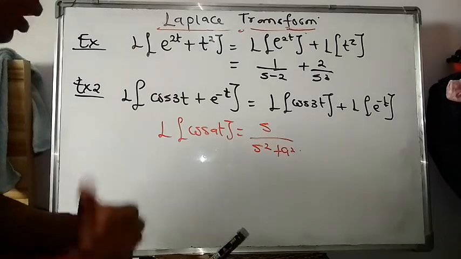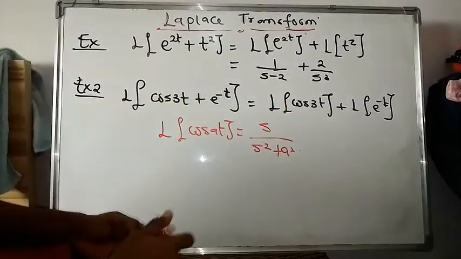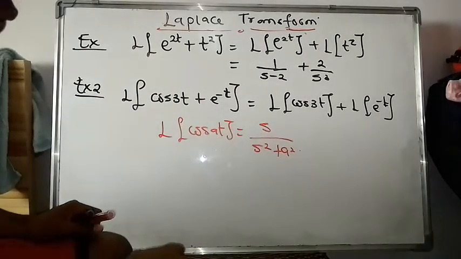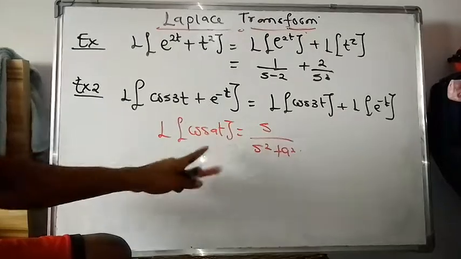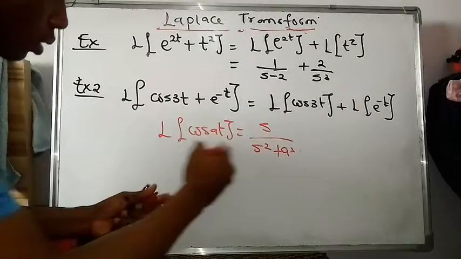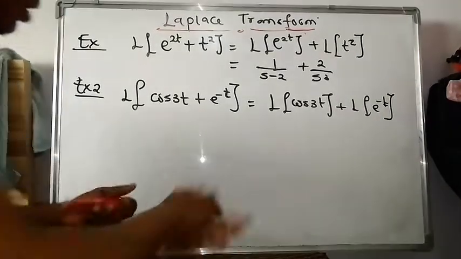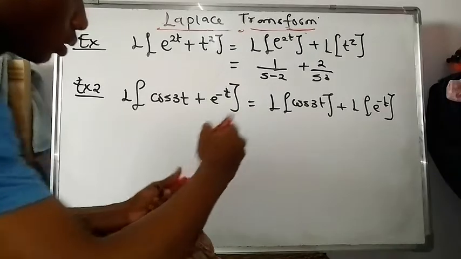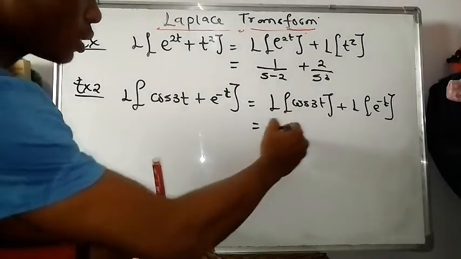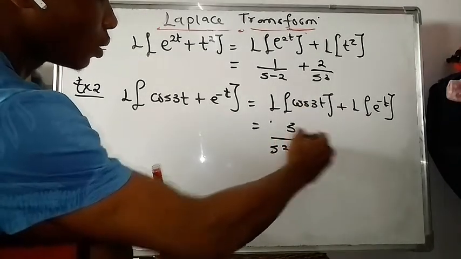So we are going to make use of this rule to solve this. The Laplace of cos 3t is equal to what? If the Laplace of cos at is equal to s divided by s squared plus a squared, where a is equal to 3, then the Laplace of cos 3t is s divided by s squared plus 3 squared.